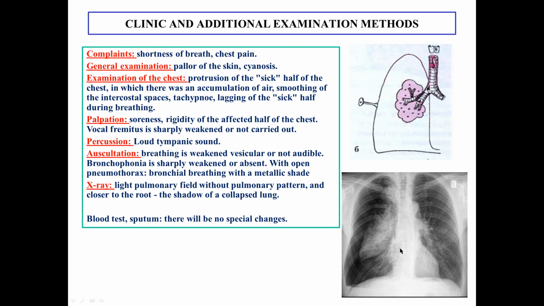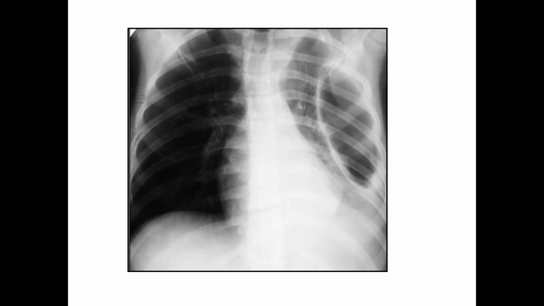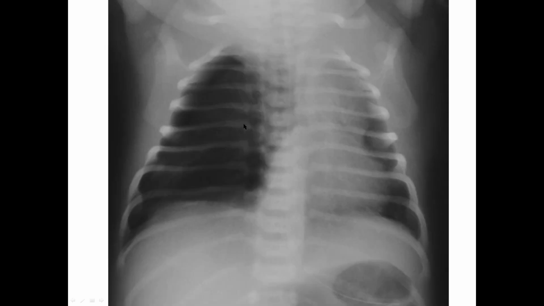In the blood test and sputum, there will be no special changes. Here you see on one side a collapsed region, and on the other side, instead of compensatory work, we have increasing airiness. And on this side you see accumulation of fluid, accumulation of gas, which cause displacement of the mediastinum to the left side.